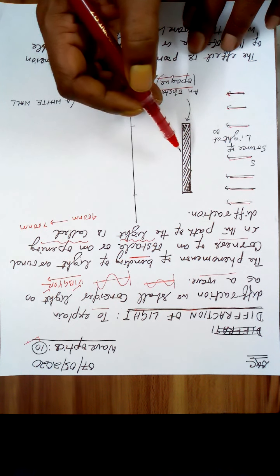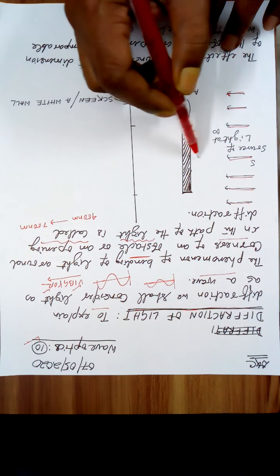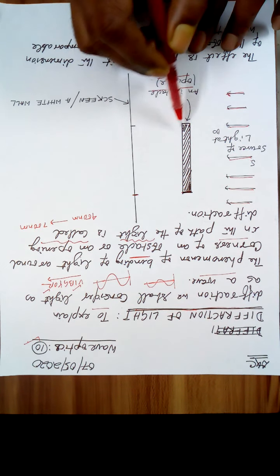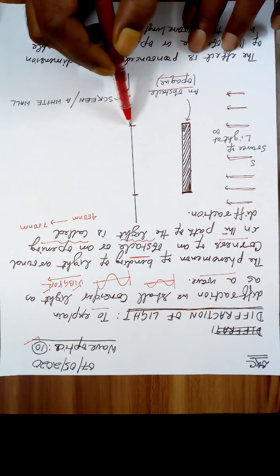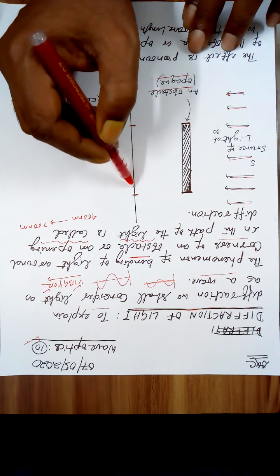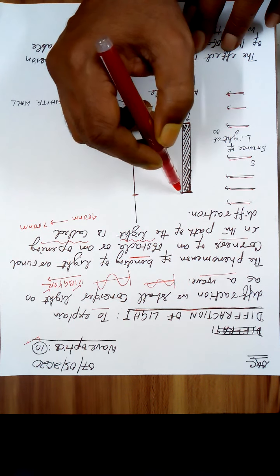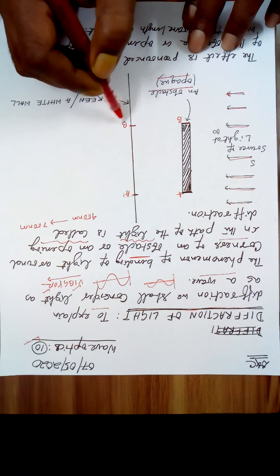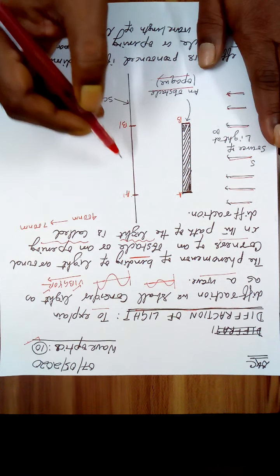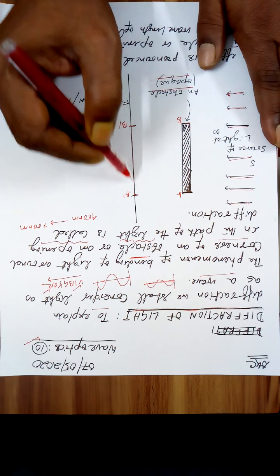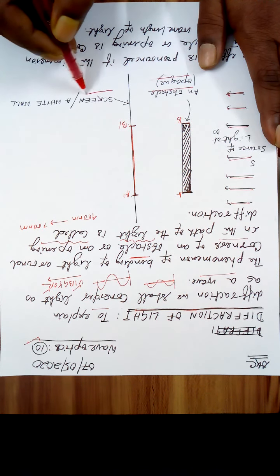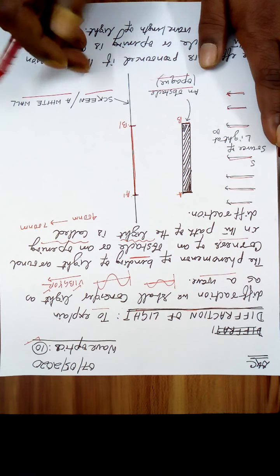Since light cannot pass through this, the shadow of this point will be here, and the shadow of this part will be here. Let it be A, let it be B. So this is equal to A dash B dash. A dash B dash is not the image, it's the shadow. From A dash to B dash, this part will be completely dark on a screen or a white wall.